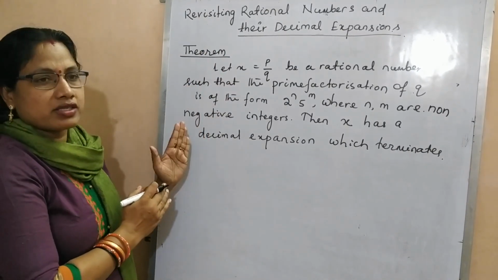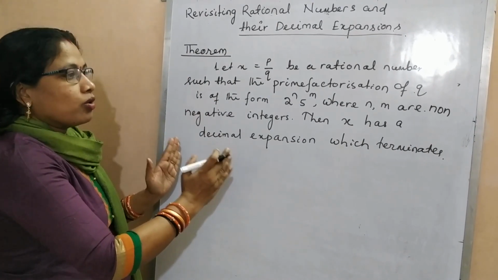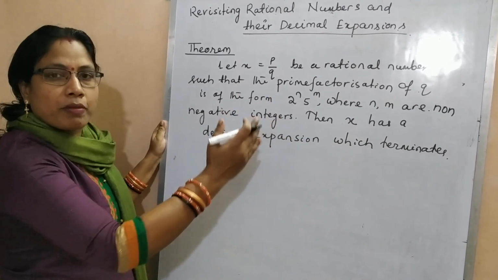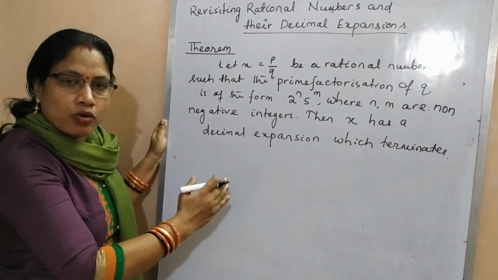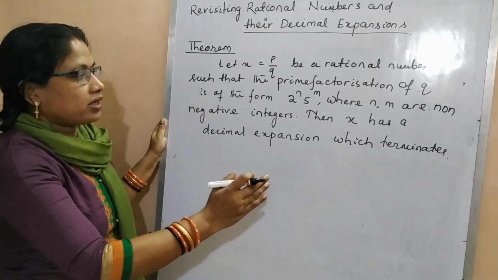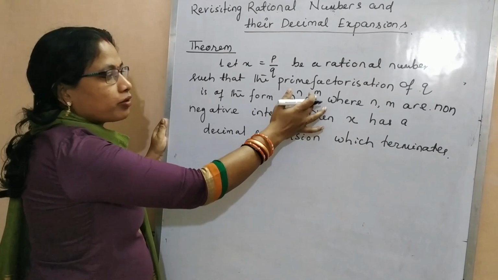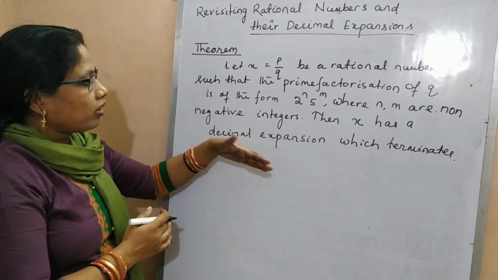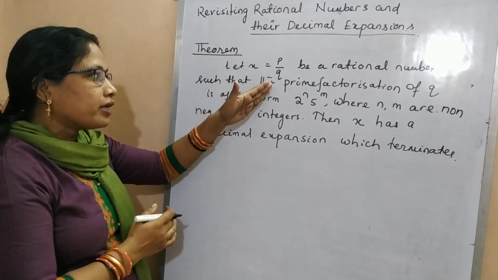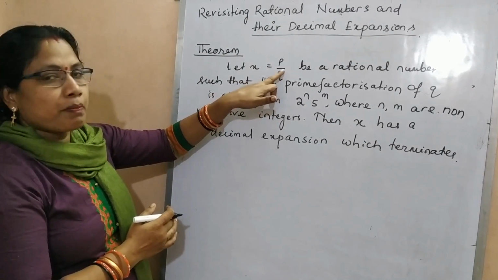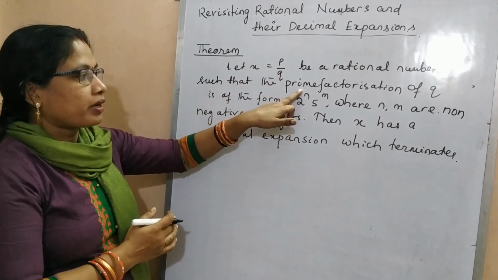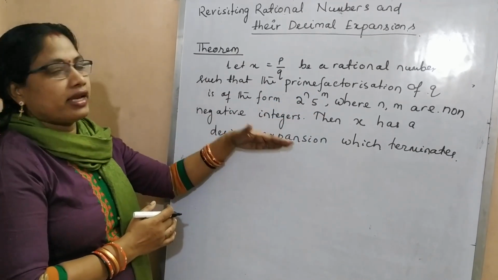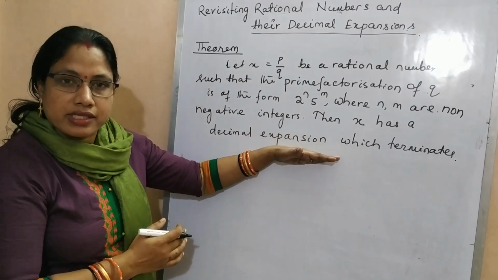Previously we considered first a terminating decimal number, whose rational expression in the form p by q has p and q co-prime and q has prime factorization 2 to the power n multiplied with 5 to the power m. But here, if x is equal to p by q and q has the prime factorization in the form 2 to the power n, 5 to the power m, then x is a terminating decimal number.